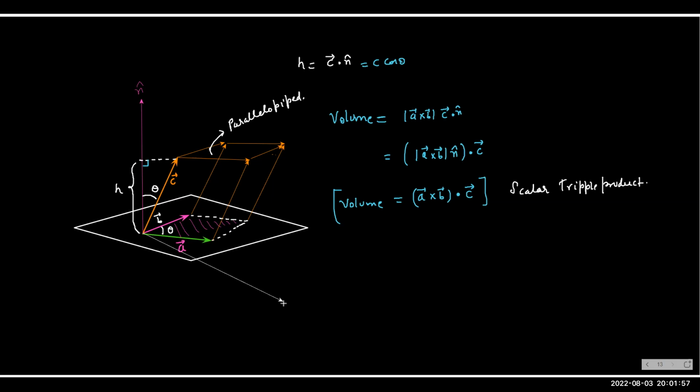Let's say C cross B is better. So this direction is representing C cross B. Do you realize this? And then you can take the projection of A vector on this line. It's the same volume. I can choose any pair of surfaces as a base, and I can find the height as per the third side left.